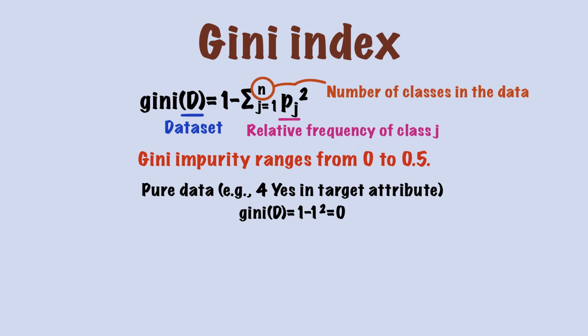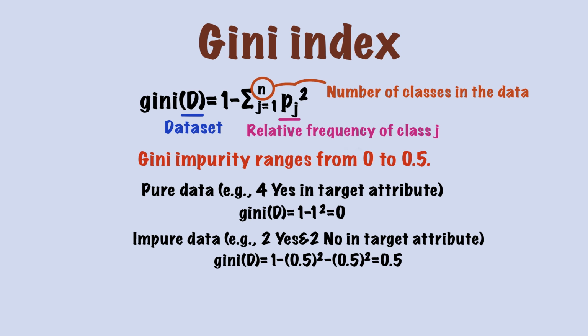Therefore, a pure class has Gini impurity 0. Nevertheless, for an impure class, which has 2 in the class yes, 2 in the class no in target attribute, the Gini impurity is 1 minus 0.5 squared minus 0.5 squared, which turns out to be 0.5. And this is actually the most impure case we have. So now you see the maximum of Gini impurity is only 0.5.